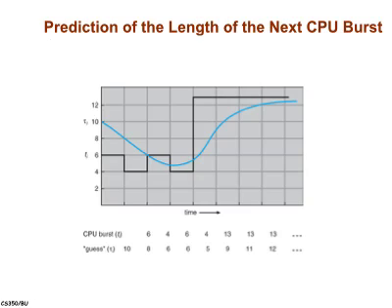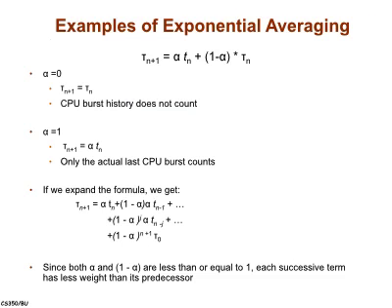If on the other hand a program shows unpredictable CPU bursts, then no prediction algorithm is going to give you accurate prediction. So just to get a better understanding of how exponential averaging behaves, it is instructive to consider some boundary cases.